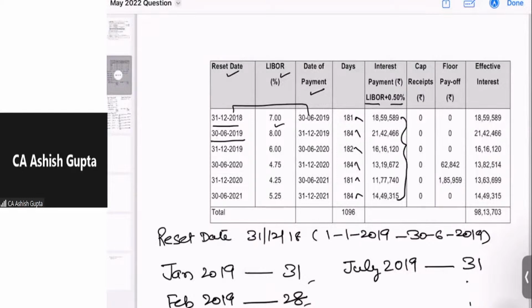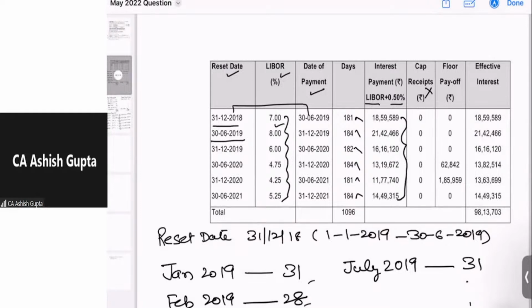Now let us see what shall be our cap receipt and what will be our floor payoff. Now if we see, in neither case does any rate exceed our 8% strike rate. So of course we will not get anything from our cap option. So there will be no receipt on the cap option part.